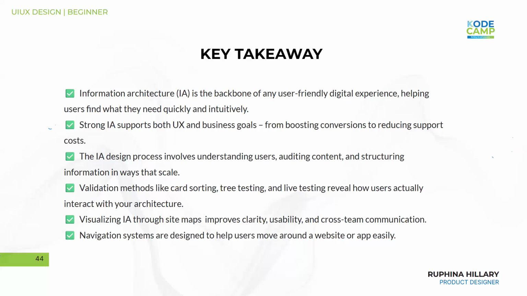Digital products are all created to solve problems. So information architecture is made to ensure that users can use your application to find what they need, to find that solution they're looking for quickly and intuitively, so that it's not lost on them.